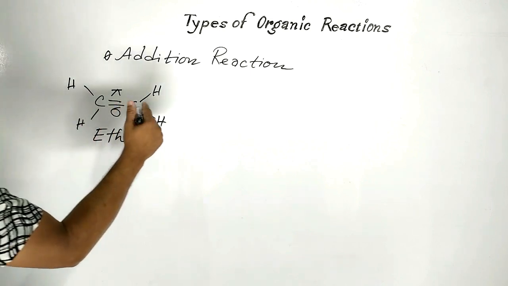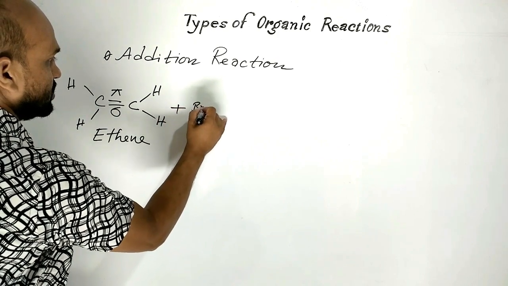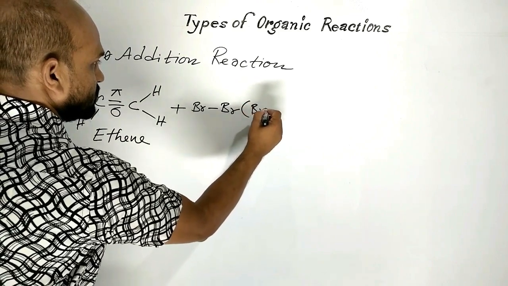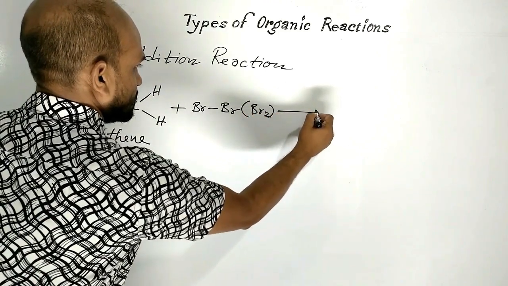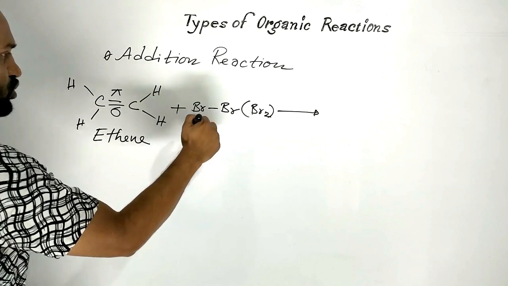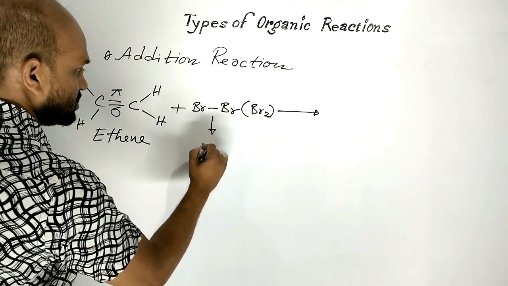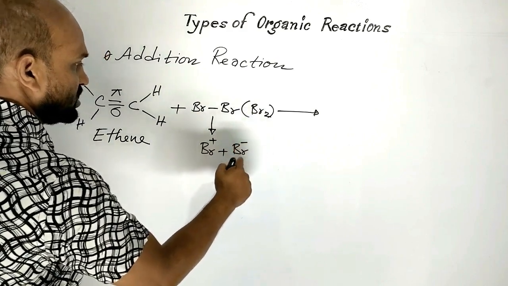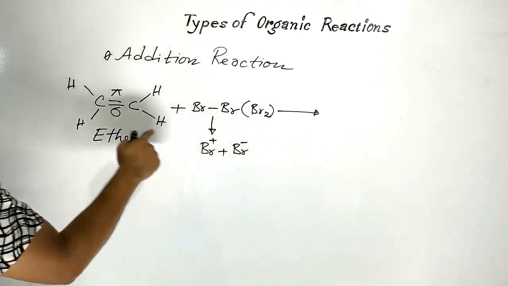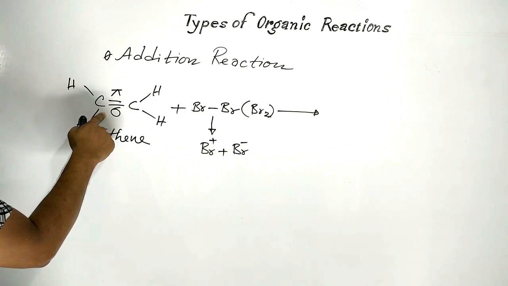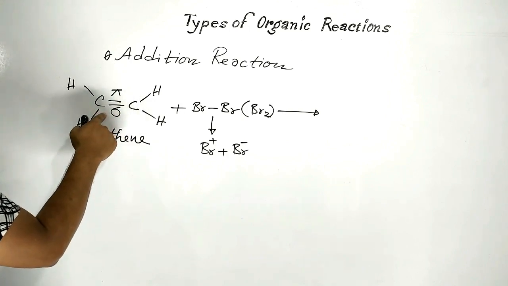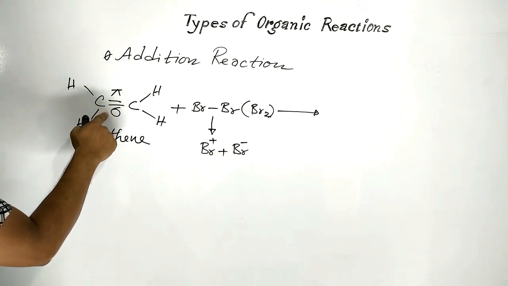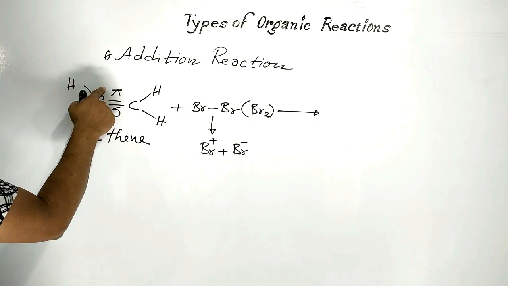When ethene is treated with bromine, which is Br2, then the bromine molecule produces bromine cation and bromide ion, as in the ethene molecule the carbon-carbon double bond has higher electron density because here one sigma bond, another one pi bond.